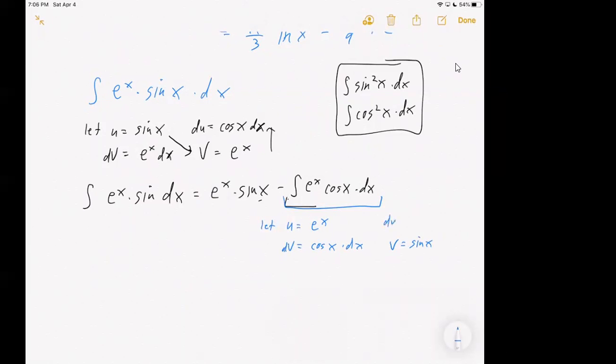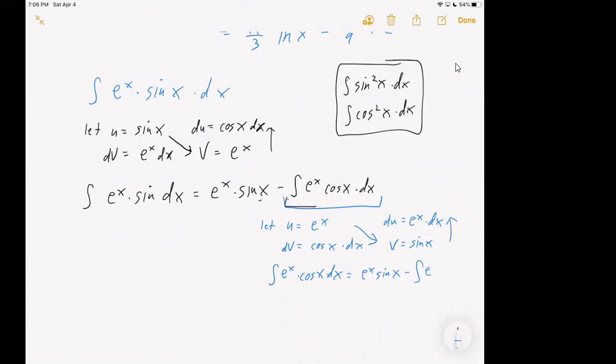And du must be e to the x dx. So breaking out this part of the problem, the integral of e to the x cosine x dx equals zig e to the x sine x minus zag.